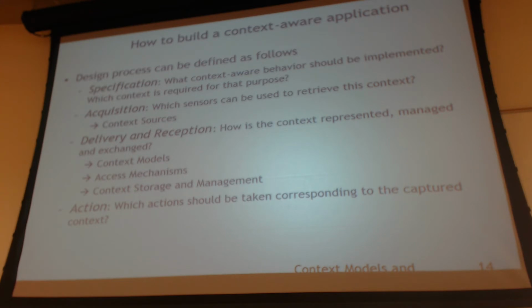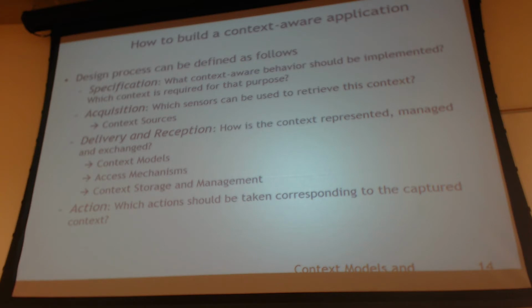Once you have determined that, you have to think about how you are going to acquire that context. So, acquisition: you have to answer which sensors can be used to retrieve this context.